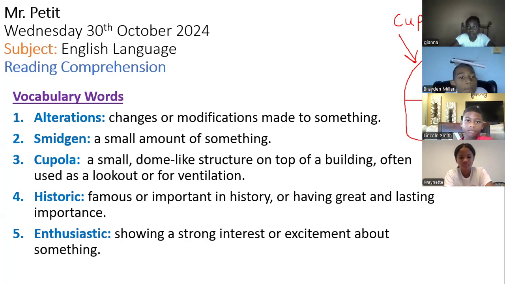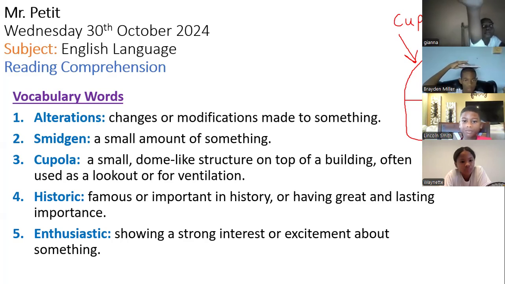My favorite word is, I was going to say enthusiastic, but my favorite word is actually smidgen. Why is that? Because people usually beg for my stuff, so when they do, I just give them a little bit. Okay. A smidgen of ice cream.